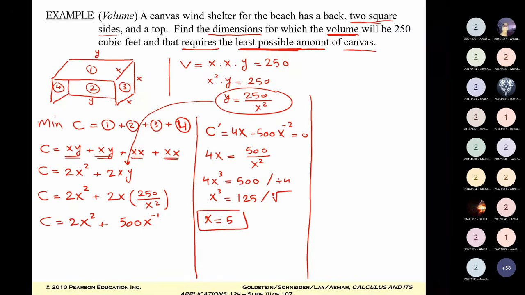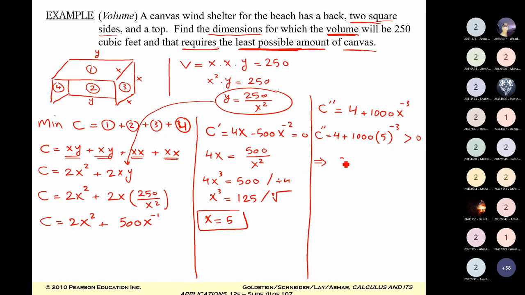Now, to check at x equals 5 whether the amount of canvas is minimum or maximum, we need to use the second derivative. Second derivative of C equals 4 plus 1000 x to the power minus 3. Now substitute 5: 4 plus 1000 times 5 to the power negative 3. This is also positive.